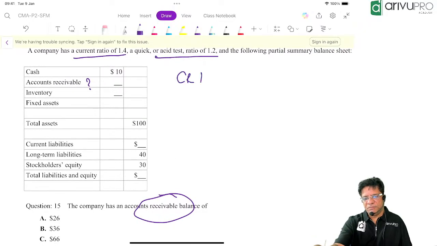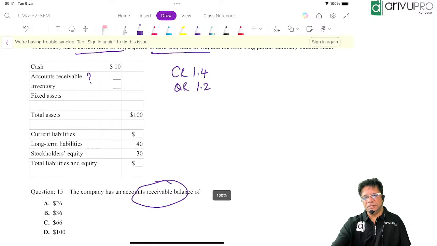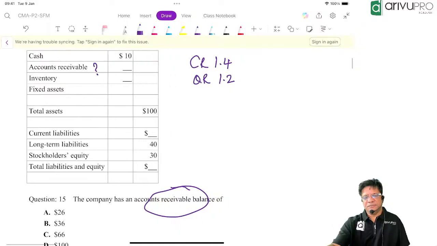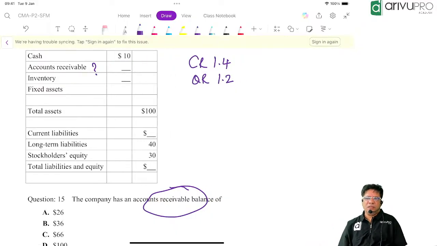Current ratio 1.4, quick ratio 1.2. How much is account receivable? From the data, fill in the blank. I'm zooming what is required. Try. Solve the puzzle.